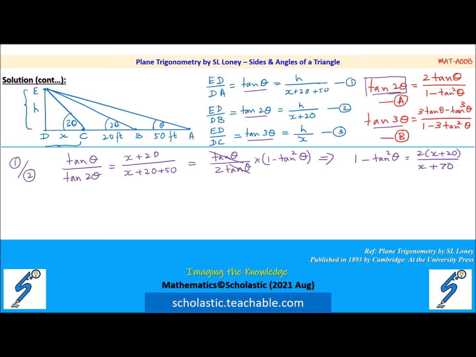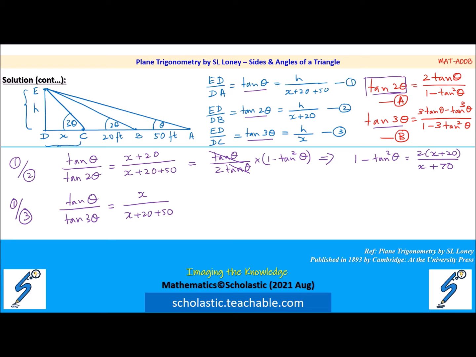Let's do the same thing for equation 1 and 3. So that means 1 divided by 3, we get tan theta divided by tan 3 theta is equal to x divided by x plus 20 plus 50.